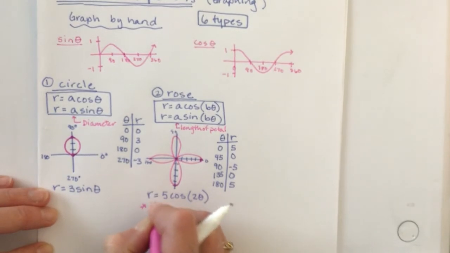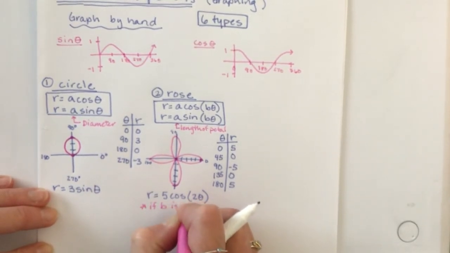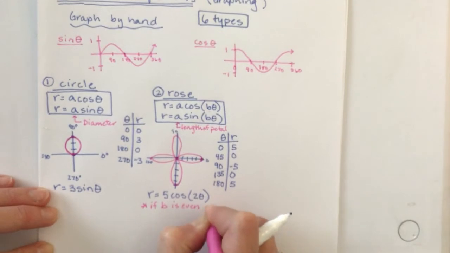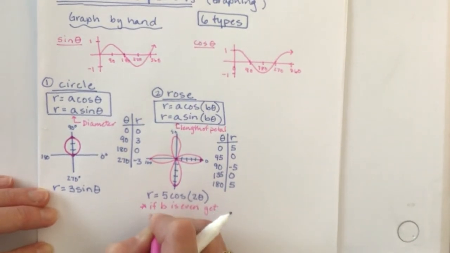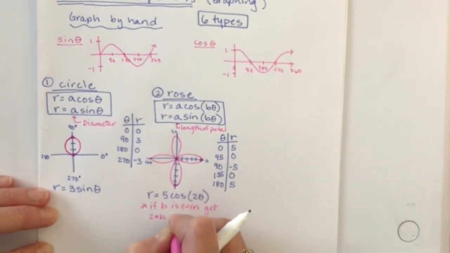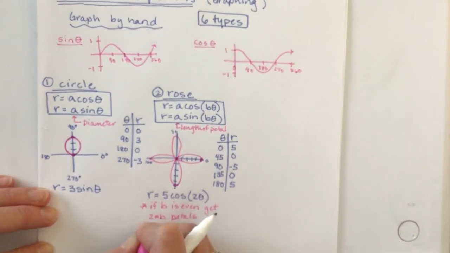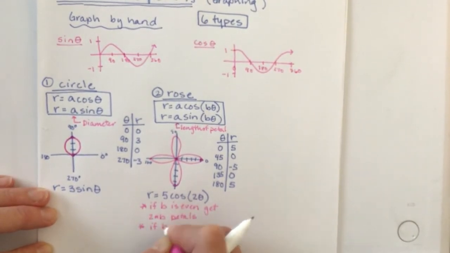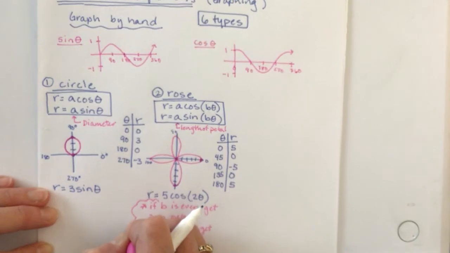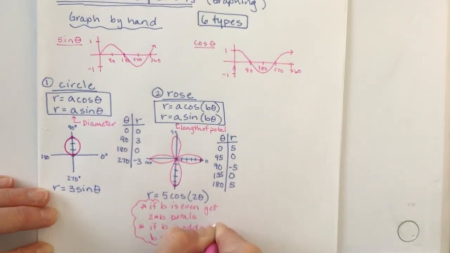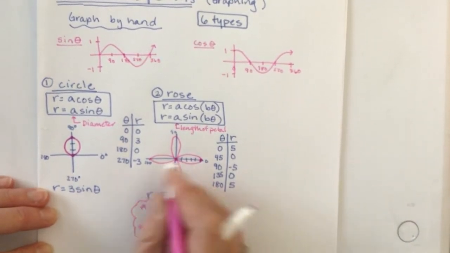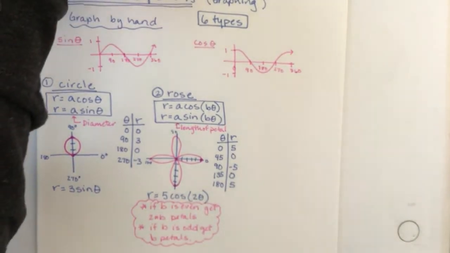So if B is even, we get 2 times B number of petals. And if B is odd, you get the same number of petals as B. Odd, you get B petals. It's just the way the numbers work out there. And this is fun to play with in the calculator for sure.